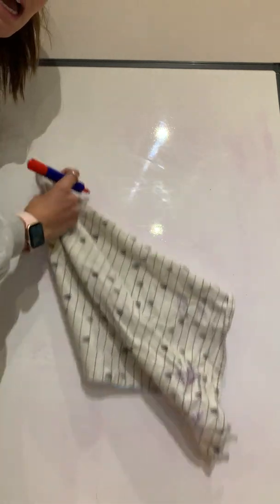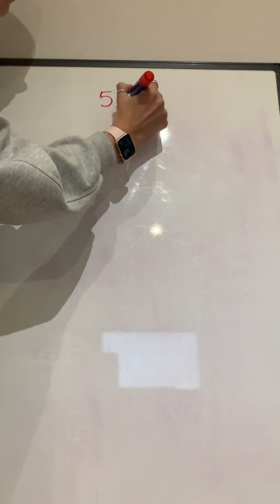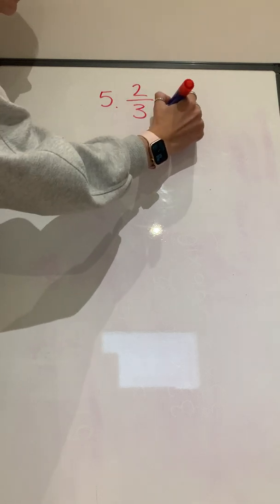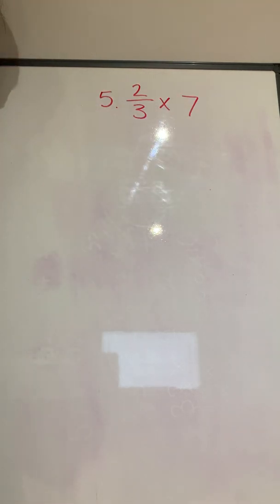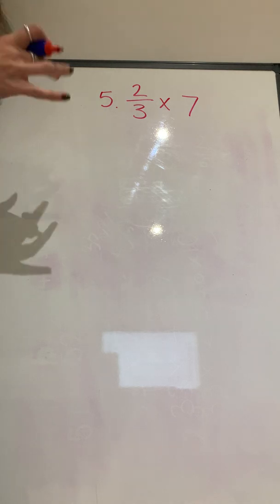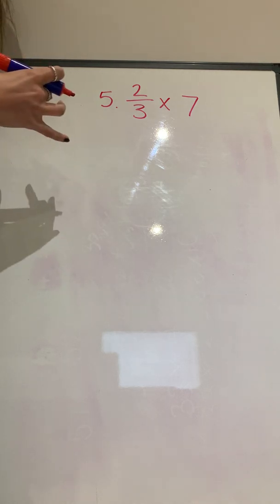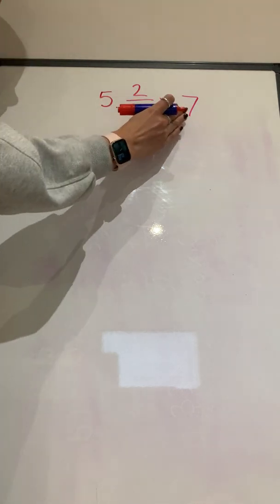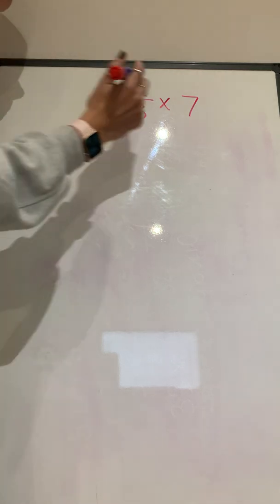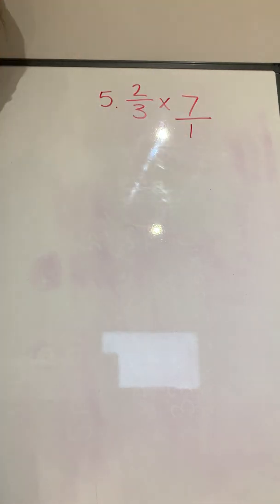If we look at question 5, we've got 2/3 multiplied by 7. Now, we will learn to unpick this a little bit more when we're back in class together, when we're in year 6. But we also talk about a whole number is a fraction over 1. And when you come to multiply those fractions, that's how simple it becomes.